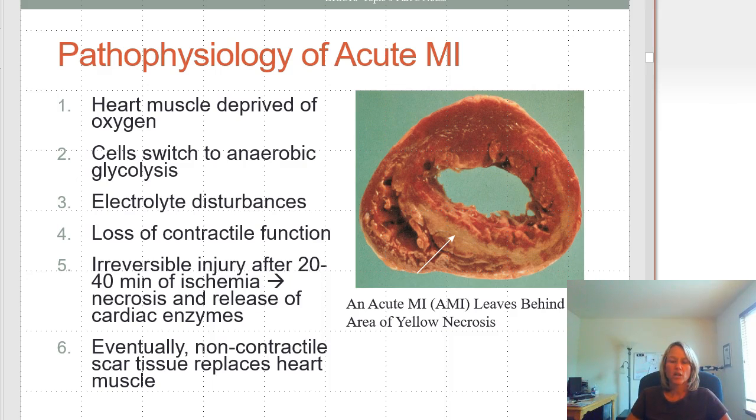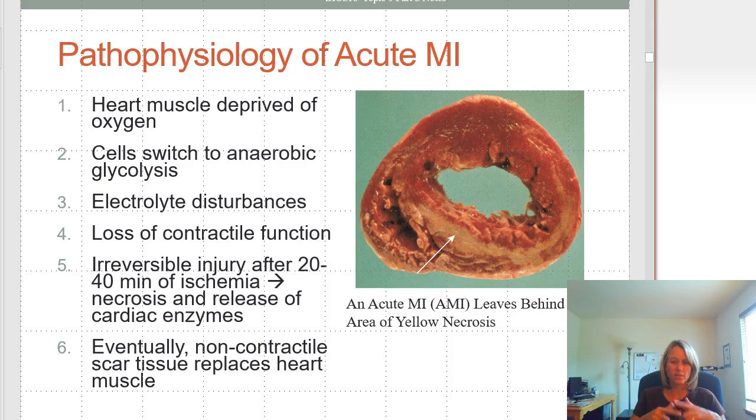So what happens during an acute MI? First, the heart muscle is deprived of oxygen. At first, the cells can switch to anaerobic glycolysis, but eventually this is going to result in electrolyte disturbances. That's going to start leading to a loss of contractile function. The heart is not going to beat as effectively. And then it can result in irreversible injury after about 20 to 40 minutes of ischemia.